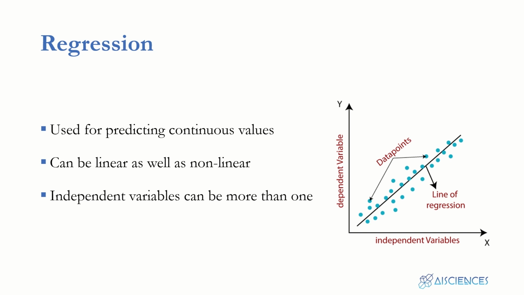Another important thing is that the independent variables can be more than one dimensional, right? Meaning the dependent variable could depend on a lot of different variables. So we could have a linear line or maybe a curve to fit the data, right?